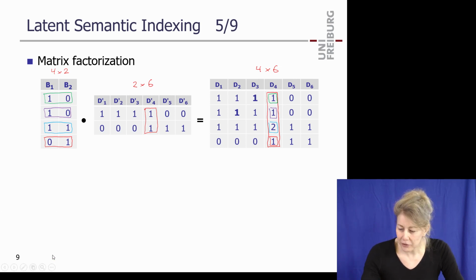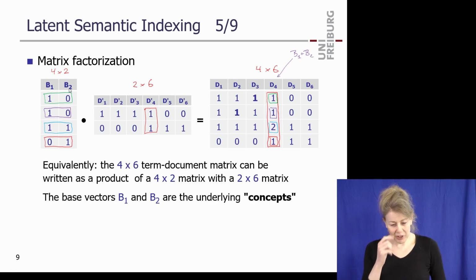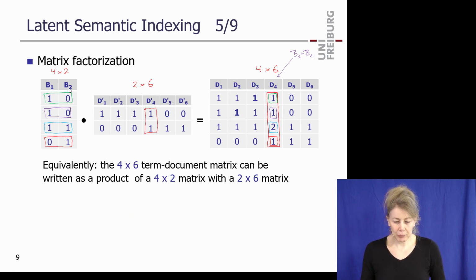If you look at it slowly, this is really B1 plus B2: 1 times B1 plus 1 times B2. And this is exactly this one and this one. This is just the effect of the matrix multiplication. This column is just this times B1 plus this times B2. And this is what I wrote here.